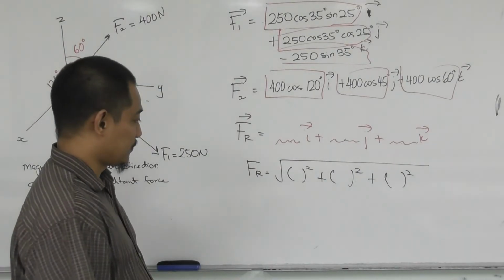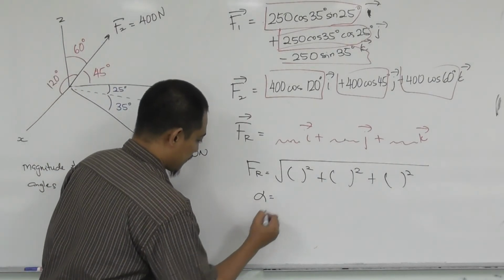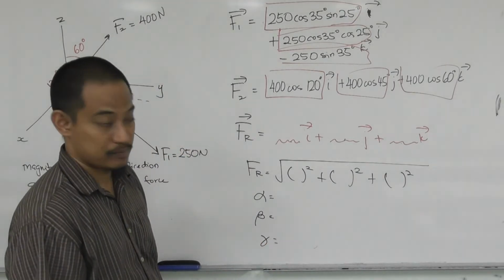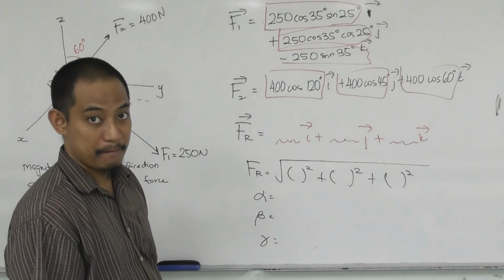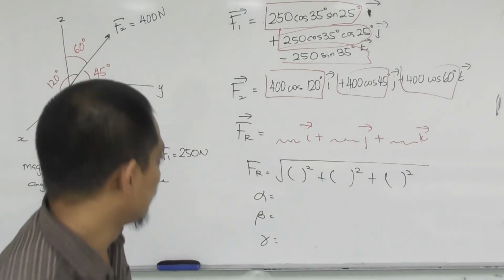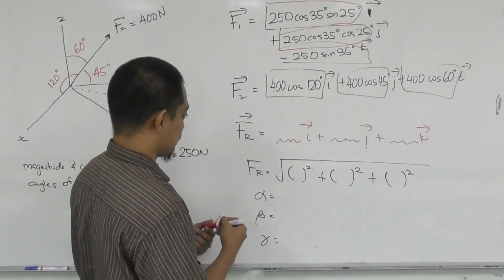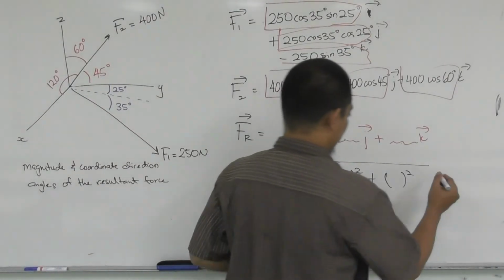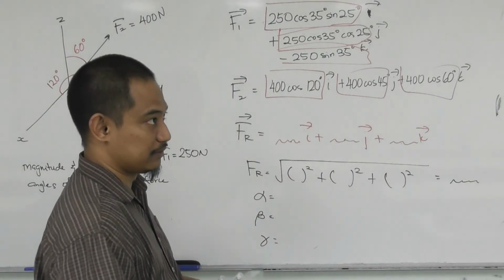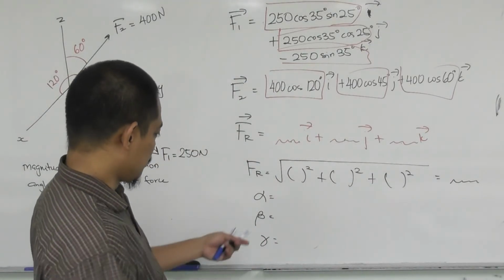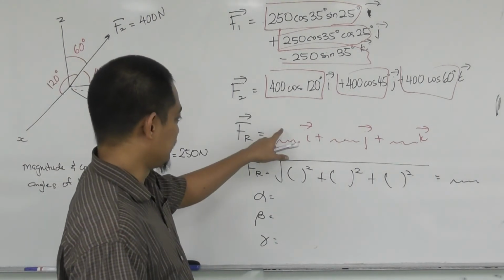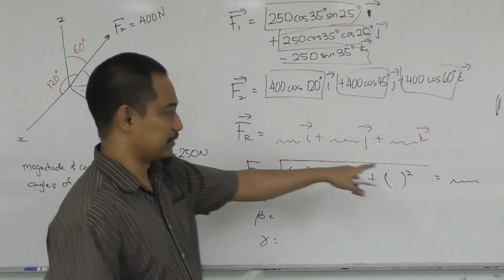Right? And what about alpha, beta, and gamma? So it's basically, how to do this? Because this one will give you some value here, right? That's the magnitude. So if you still remember, cos alpha is the x component divided by the magnitude, right?